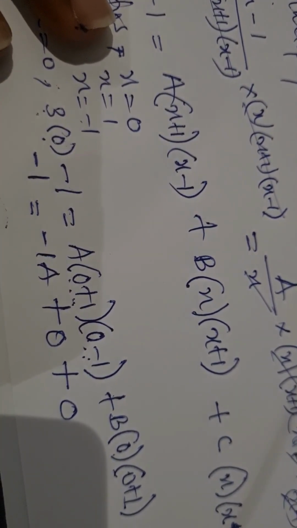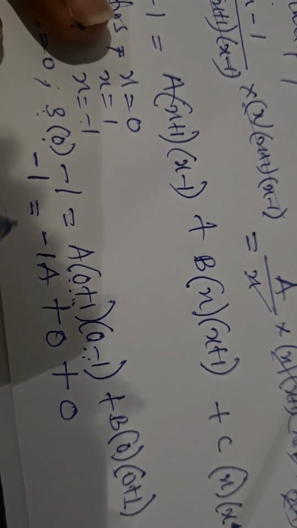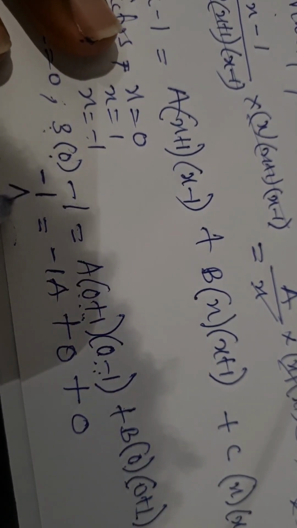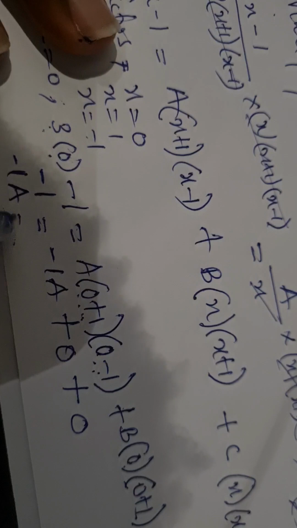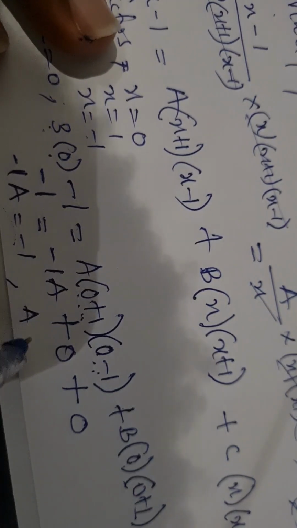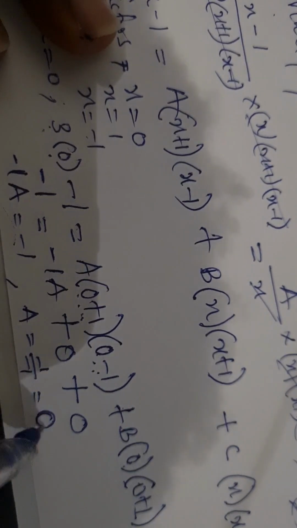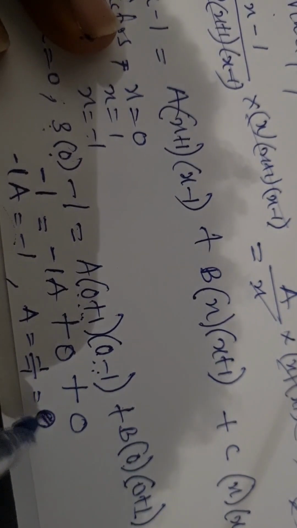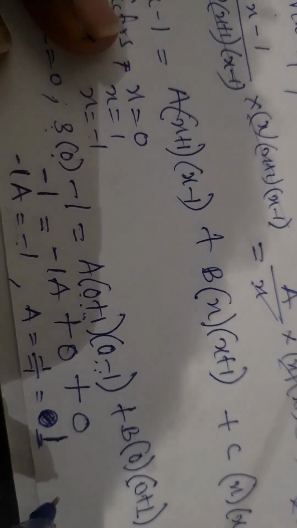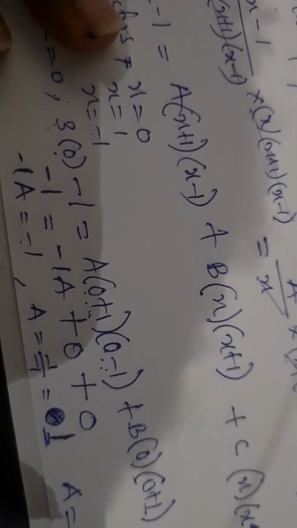Alright? So with this, you know that a minus 1a is equal to minus 1. So a is equal to minus 1 divided by minus 1, which is equal to 1. So a is equal to 1.